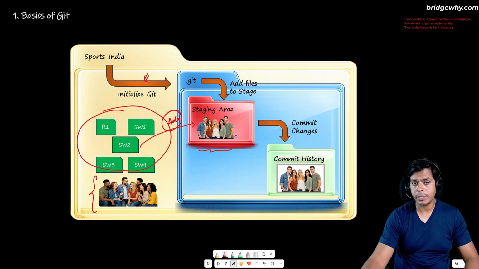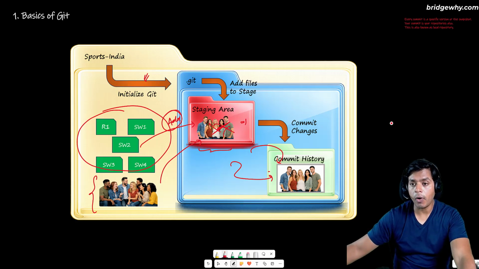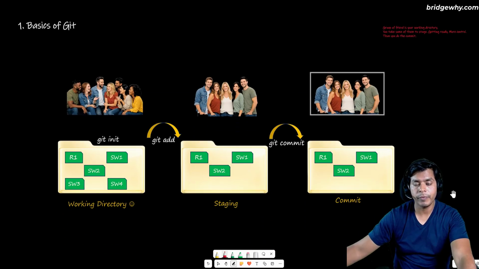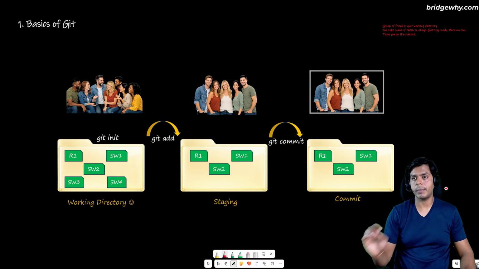Once you add them into the staging area, then you say, Mr. Git, please commit. And whatever is in the staging area will be committed here, and then it will be empty, so that you can move new files to the staging area for the new commit. As simple as that. And we have all discussed this in the previous class, although we didn't have any knowledge of these commands.